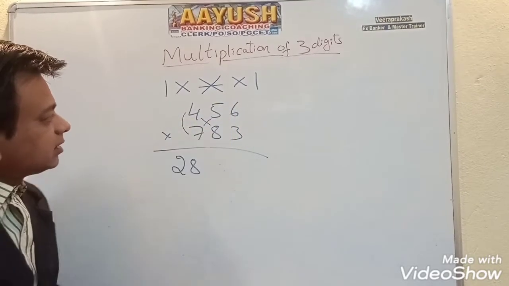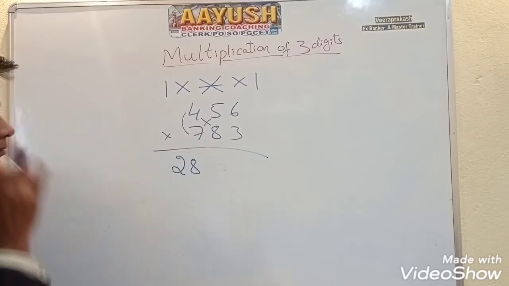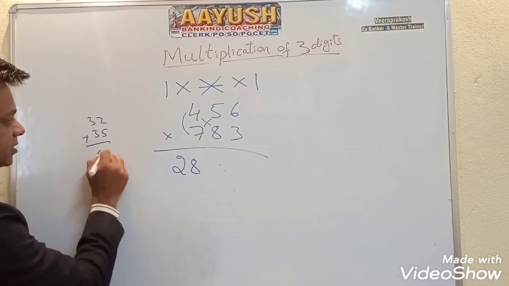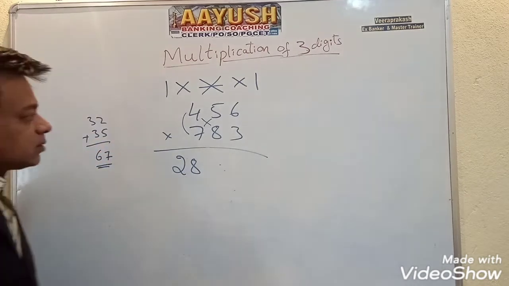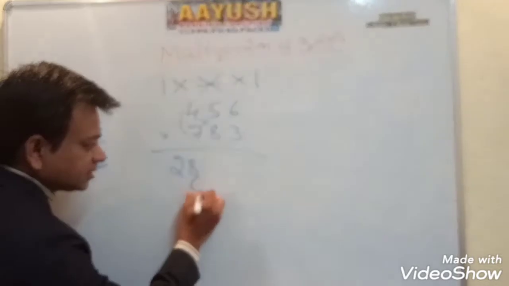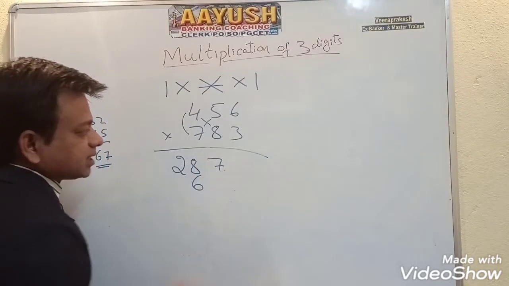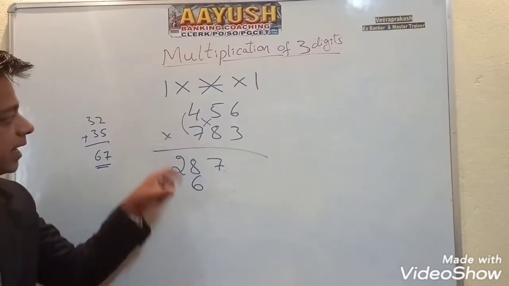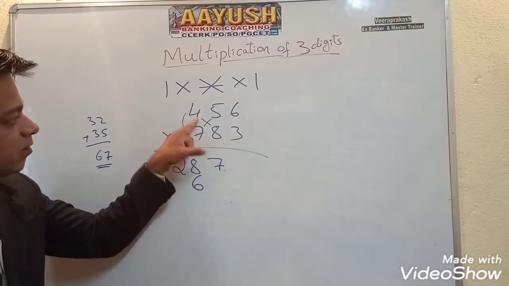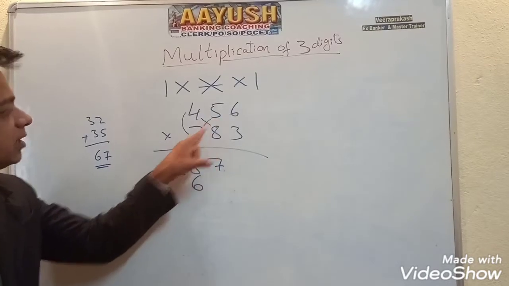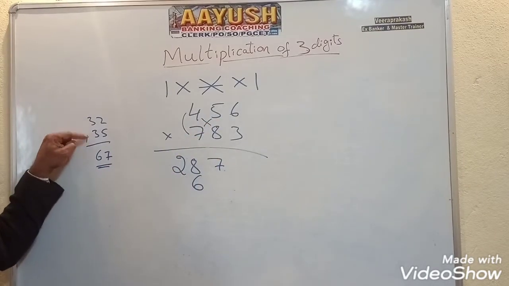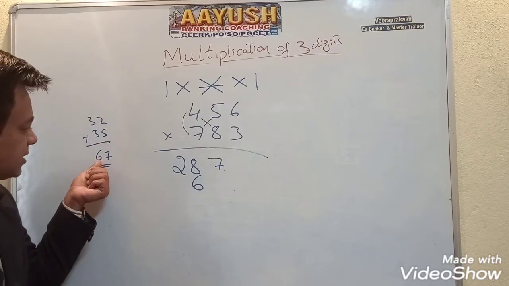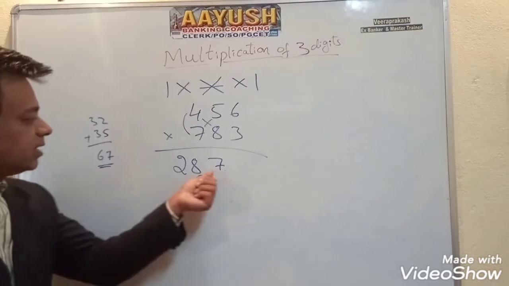So 4 8s are 32, 7 5s are 35. 32 plus 35 is 67. So 67 you have to write in such a way that 6 is taken as carry and 7 you write here. Once again, 4 7s are 28, 4 8s are 32 and 7 5s are 35. 32 plus 35 you add, and the 67 is to be kept as 6 as carry forward and 7 in the main line.